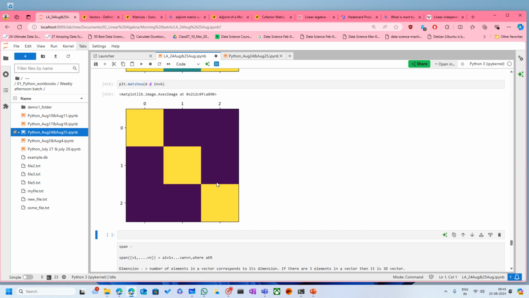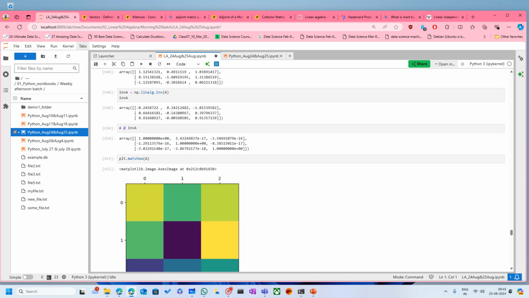Now you got it. If you pay attention, there is e to the power of minus 17, which means there are 16 zeros before this 3, which is equal to 0.